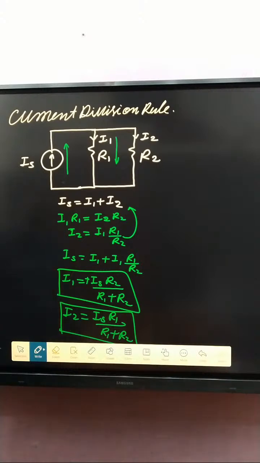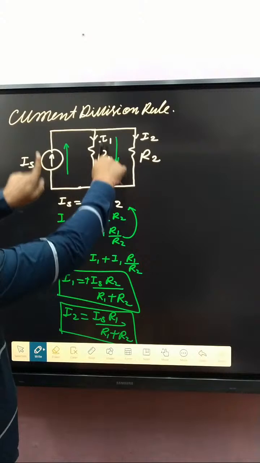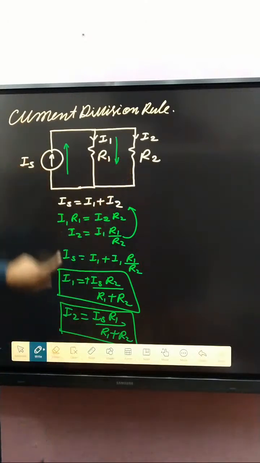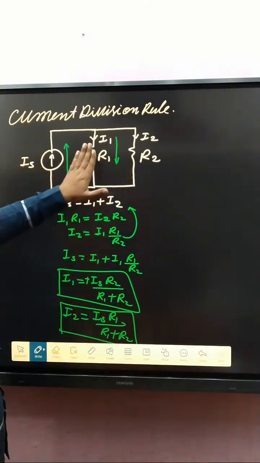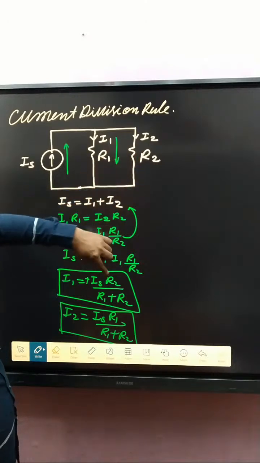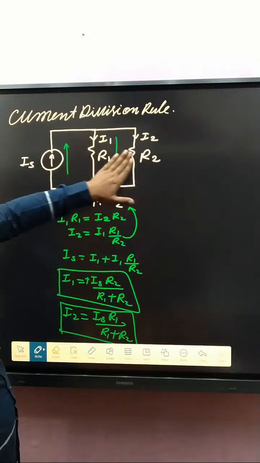Okay, clear or not? How can we memorize that formula? If both current directions are opposite, then IS is positive, and parallel resistance divided by sum of these two resistances.